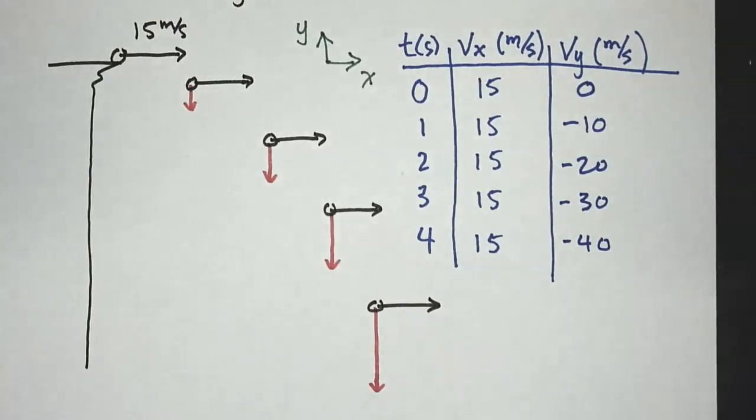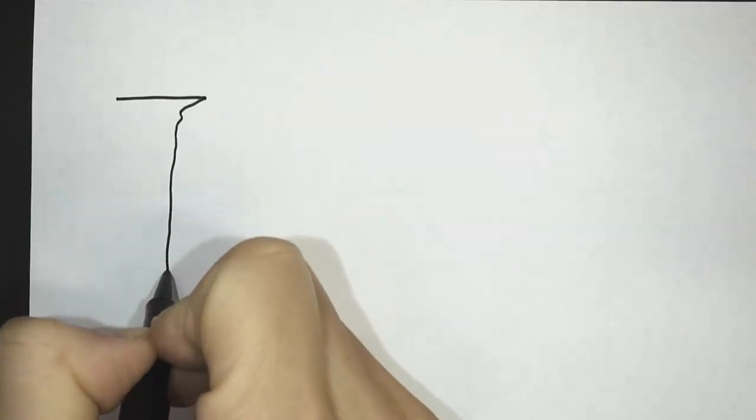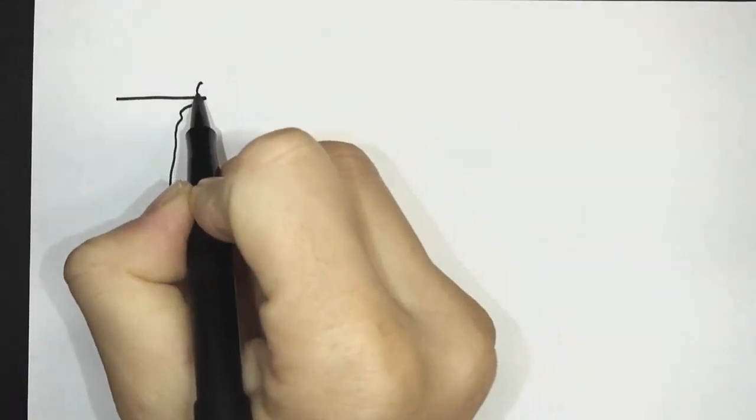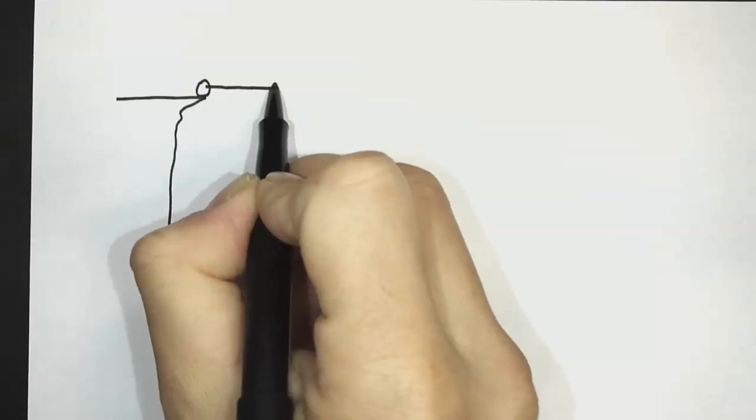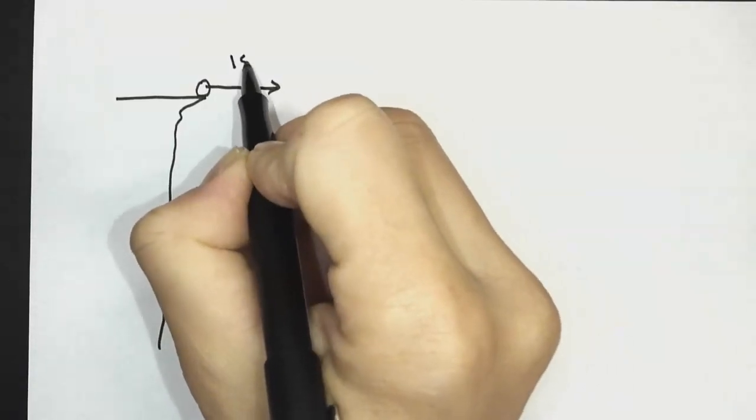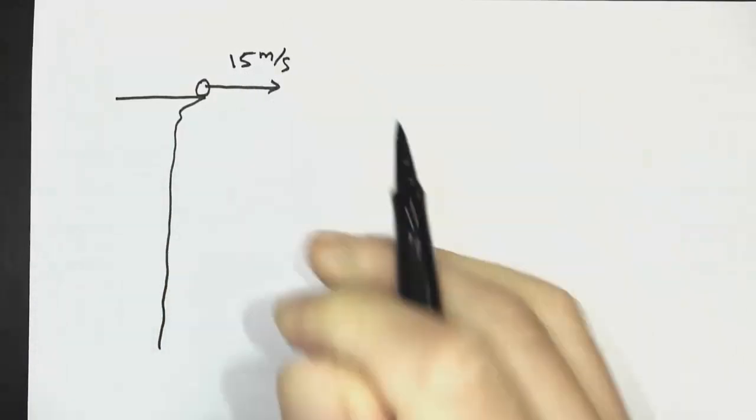Now let's take a look at the position of the projectile. I'm going to recreate the cliff again, and we're once again going to launch this with the initial horizontal velocity of 15 meters per second.